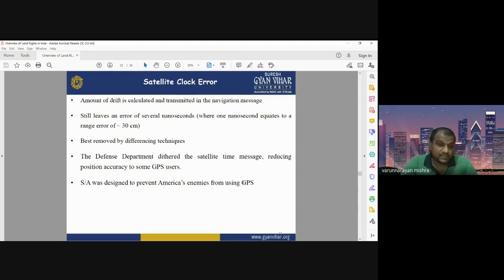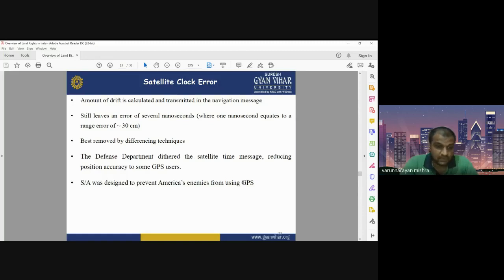It means the control station of the GPS only allows the GPS signal to be used by the normal public or for civilian purposes with less accuracy. You cannot get very precise information by using a GPS receiver unless they allow you to receive the GPS signal. That is known as selective availability.